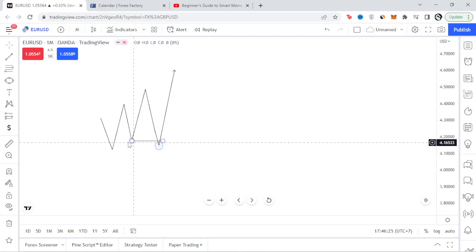When we look at the close of how this low has been taken, by the expansion of this low, we're going to notice that probably 2 or 3 candles right here didn't close down.